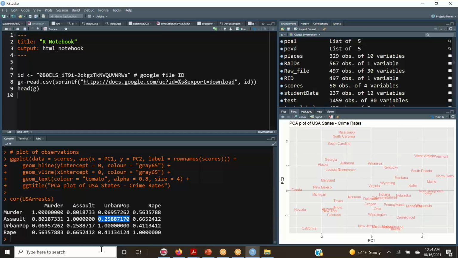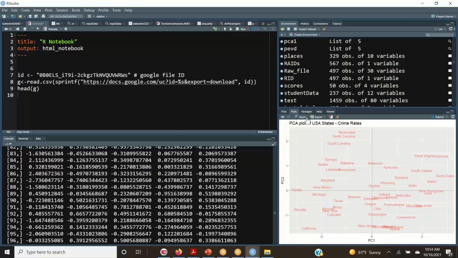You also see assaults are connected to rapes here, and assault and rape again, this is the same correlation. Murder and assault go together. Urban population goes with rape, and murder and rape. Those ideas you'll be able to pick up here.